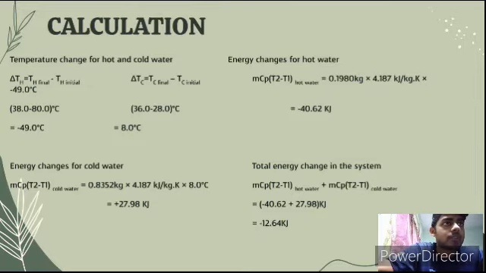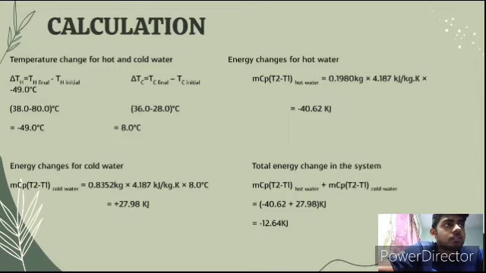And then to calculate the energy changes for hot water, we use this equation, and we get negative 40.62 kilojoule, meaning the energy is released. And then the energy changes for cold water, we get positive 27.98 kilojoule, meaning the energy is absorbed.